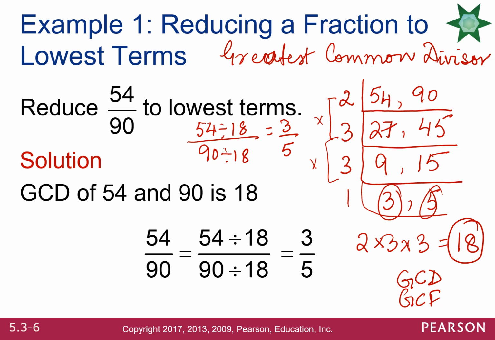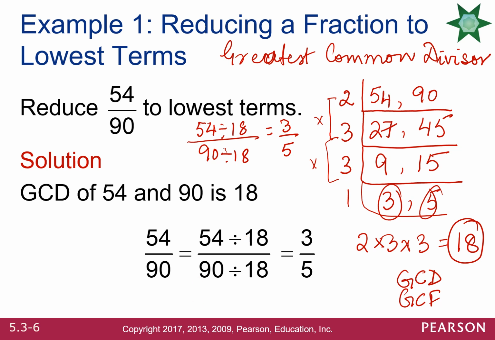Now another way, if you don't want to find the GCD at once, is to keep dividing by the numbers, all right, by the least common multiples, and you have to keep dividing until you get the fraction in its lowest terms is what I mean to say.